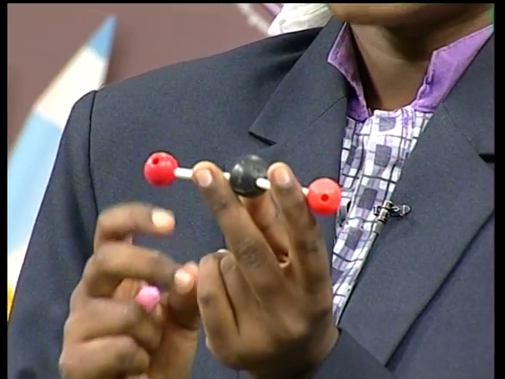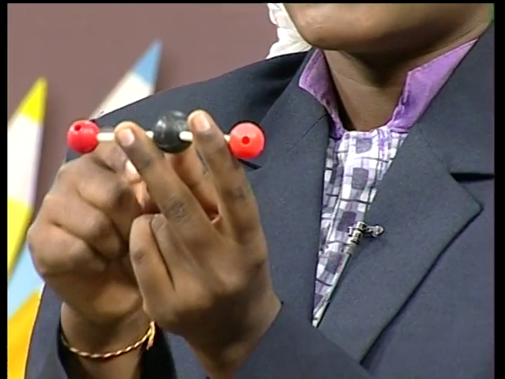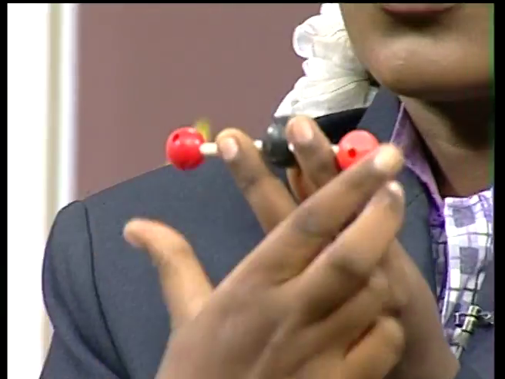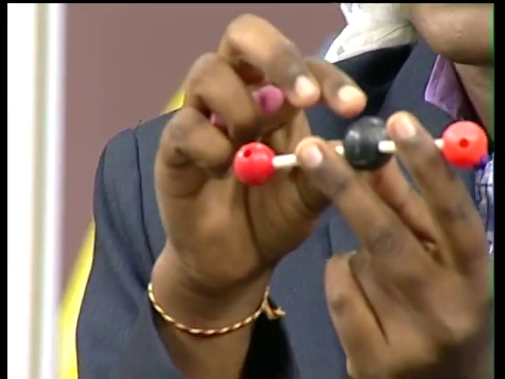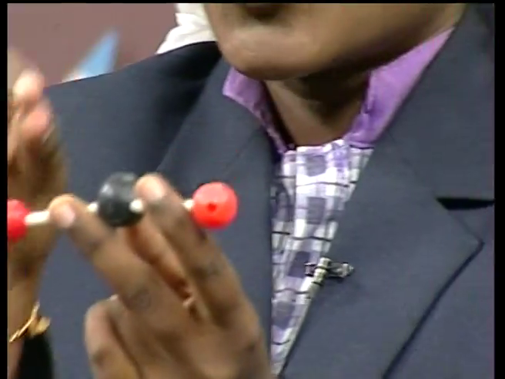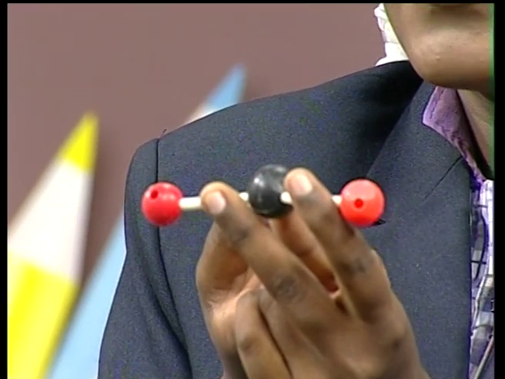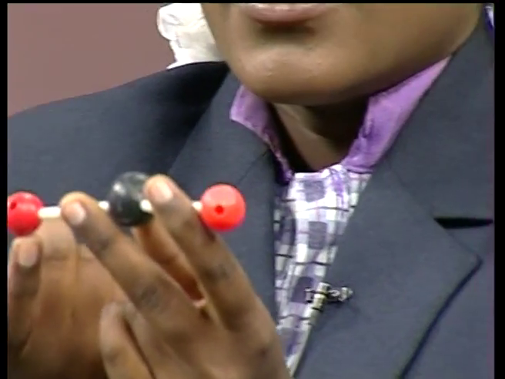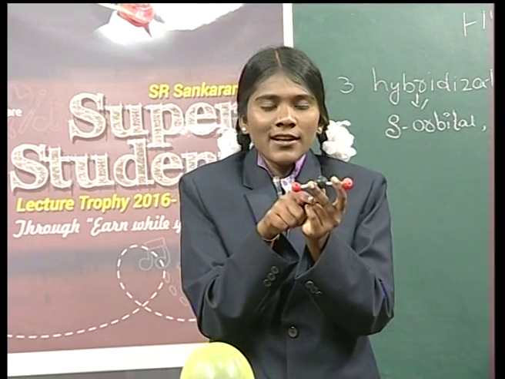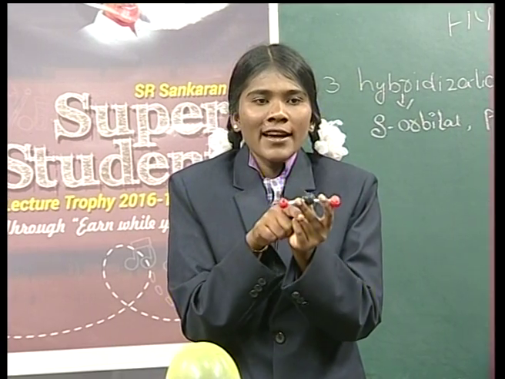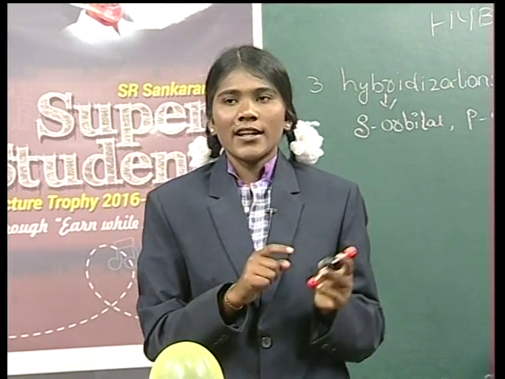These are 2 hybrid orbitals, and the central one is the beryllium hybrid orbital. And what is the shape of these? Linear shape. And what is the bond angle here? The bond angle is 180 degrees. Do you understand what is meant by sp hybridization? Okay.